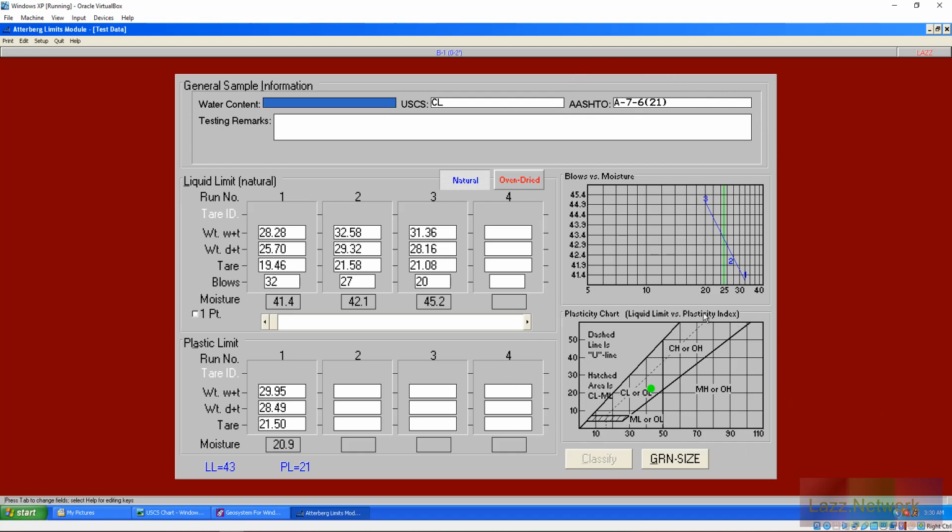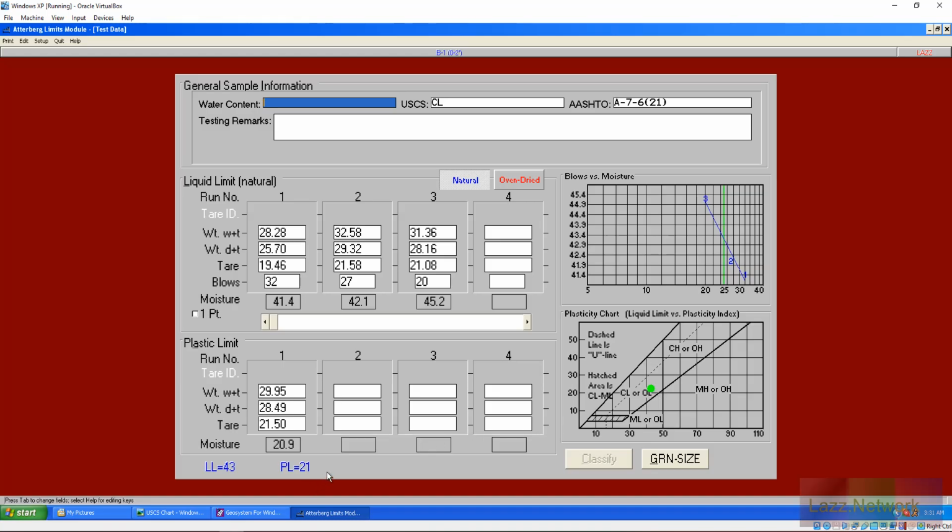Your liquid limit versus your plastic index is calculated from your liquid limit and your plastic limit.